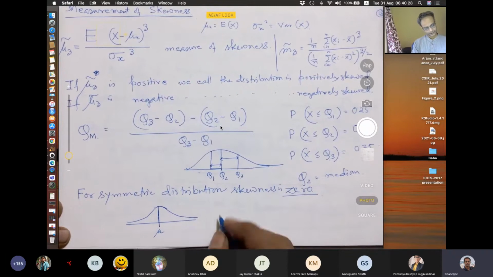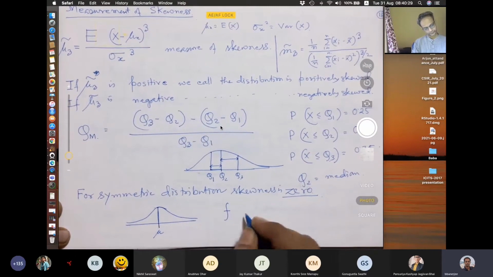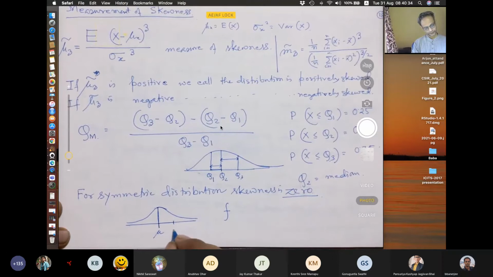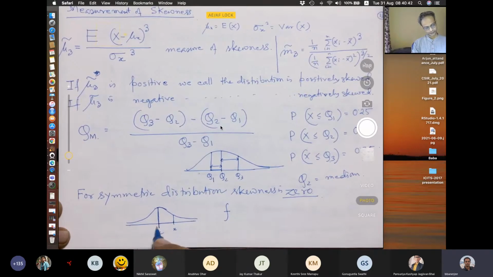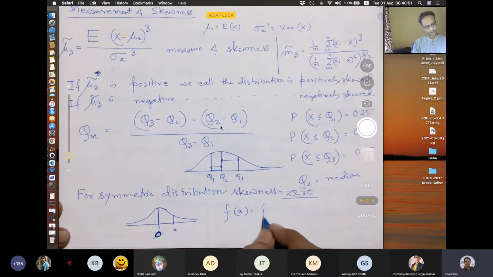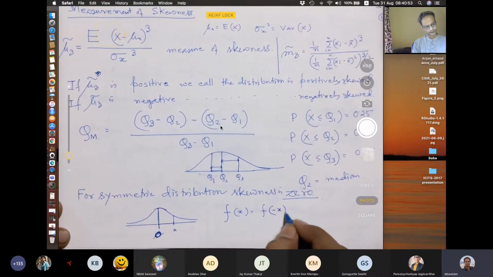So let us talk about 0 first. f of x equals f of minus x, that means the height at this point.